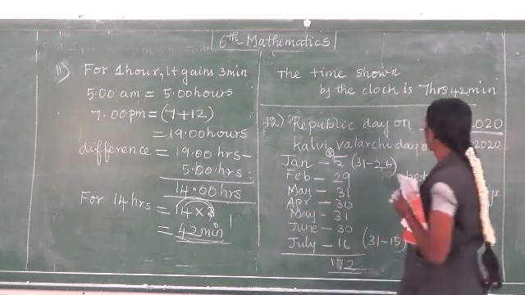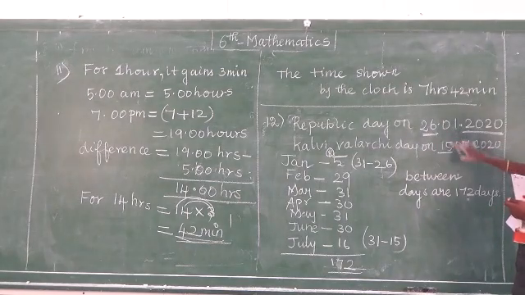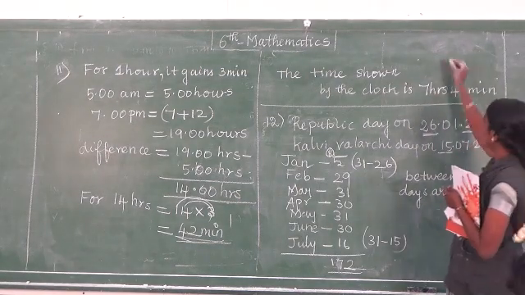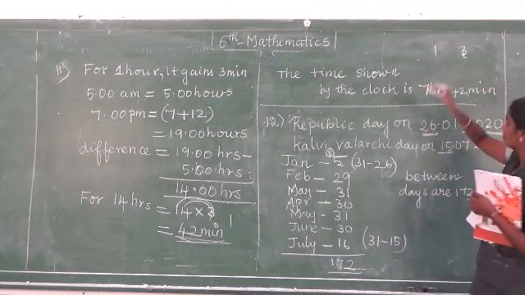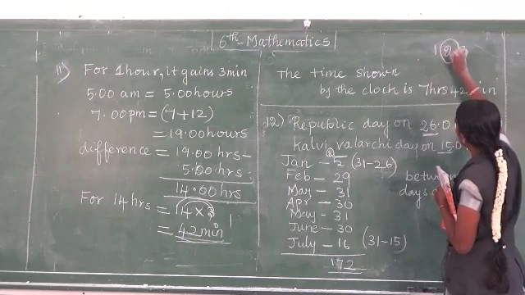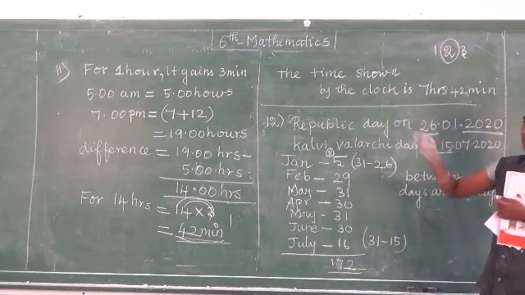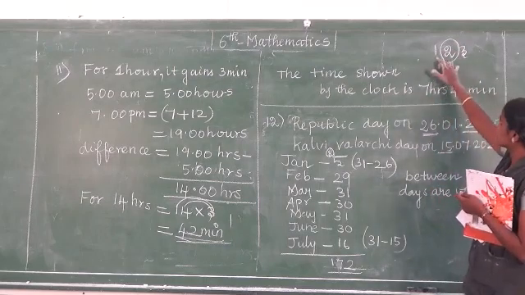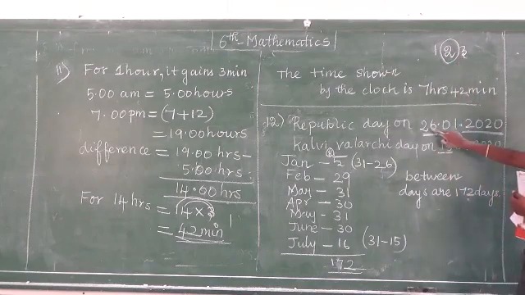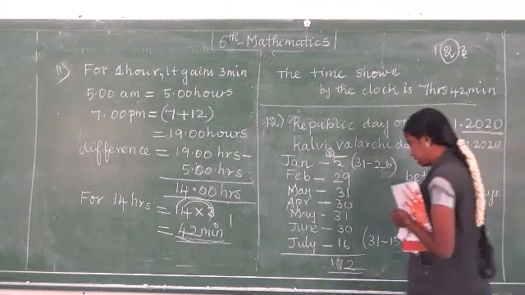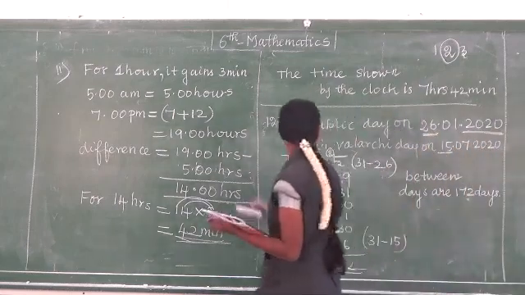Between means the Republic Day and this Kalvi Valarchi Day, it's not included. For example, between 1 and 3, what number do you have? 2. In between means the first number and the last number should not be included. That's why the 26 also not calculated, the 15 also not calculated. Answer is 172.